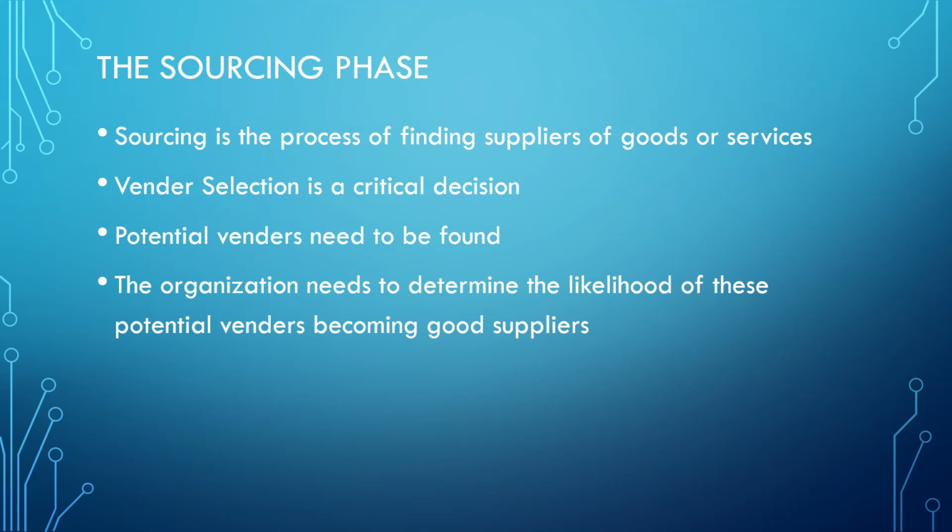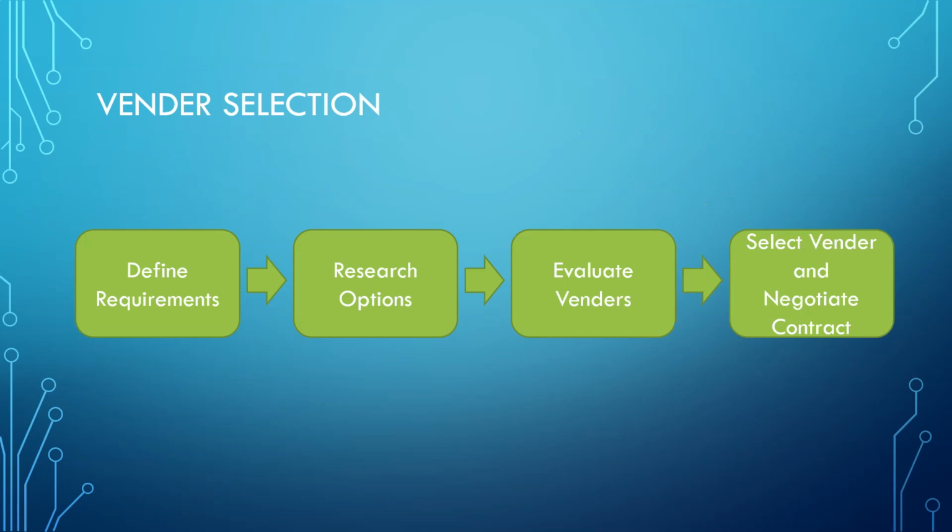The organization needs to develop criteria or techniques to measure the ability of a vendor in becoming a good supplier. The vendor selection process includes defining requirements, researching options, evaluating vendors, then selecting the vendor and negotiating the contract with that vendor.